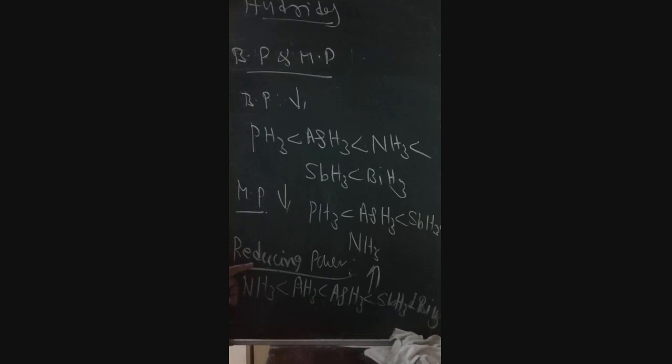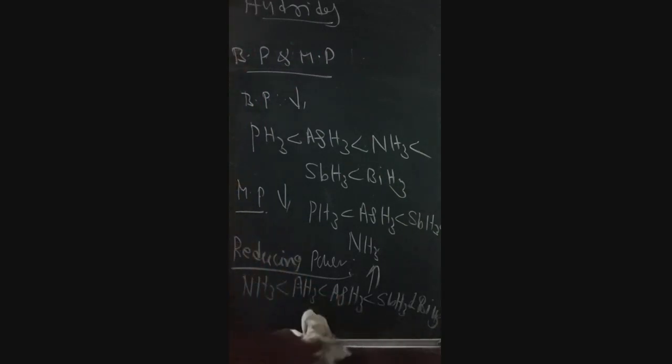Only reducing power, enthalpy of formation, and the distance between the central atom and hydrogen increase down the group in hydrides.